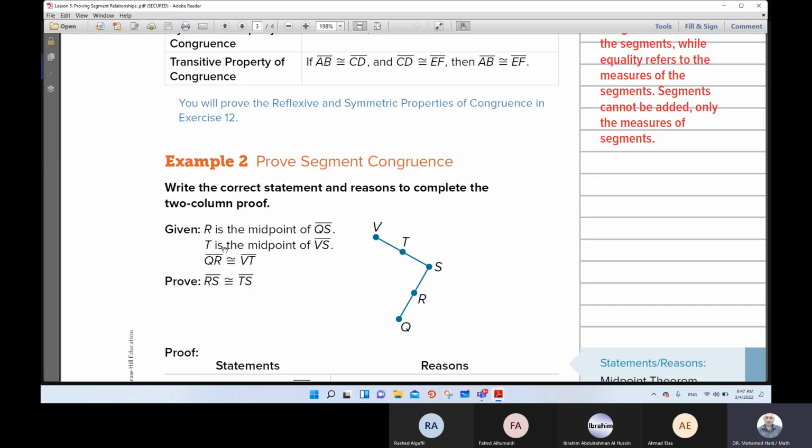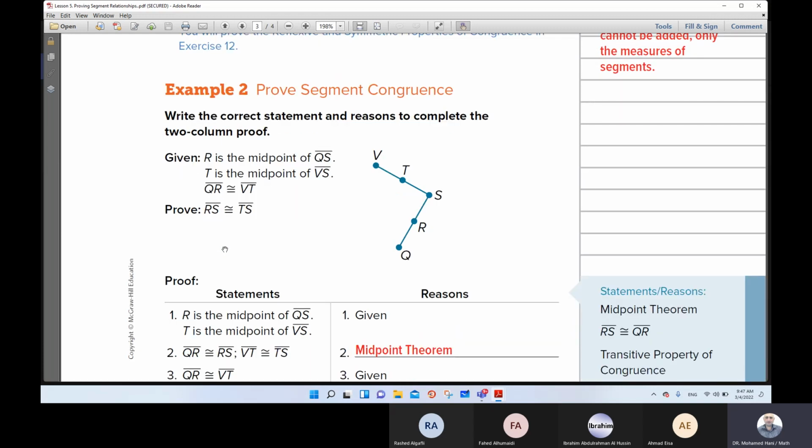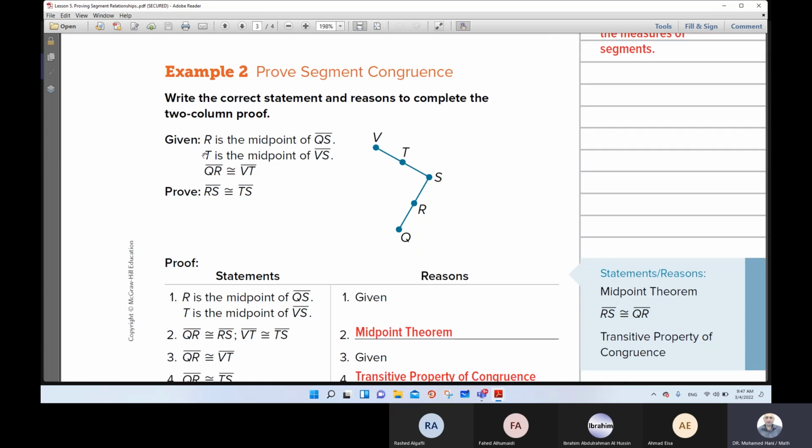For example, write the correct statements and reasons to complete the two-column proof. Given: R is the midpoint of QS, we have here segment QS and R in the middle, and T is the midpoint of VS, and we have segment QR congruent with segment VT.